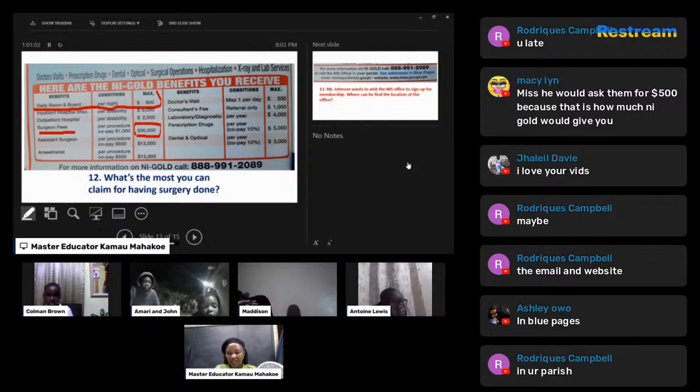Jalil says he can ask for 1,500. So they're saying the maximum they will pay per night for room and board, that means to stay and get food and whatever, is $800. That's the most they're going to pay per night.